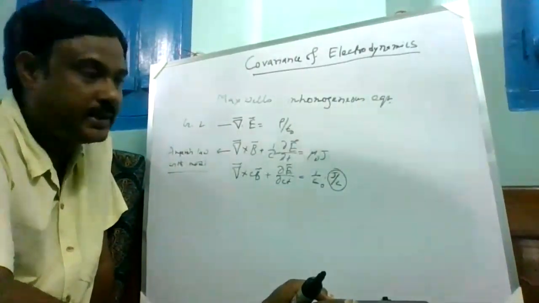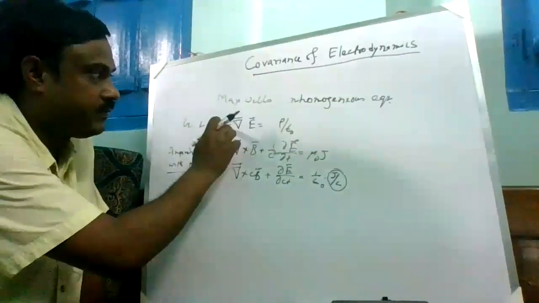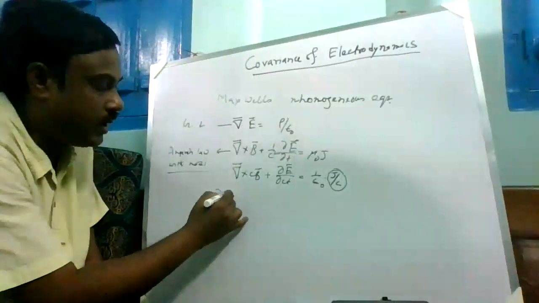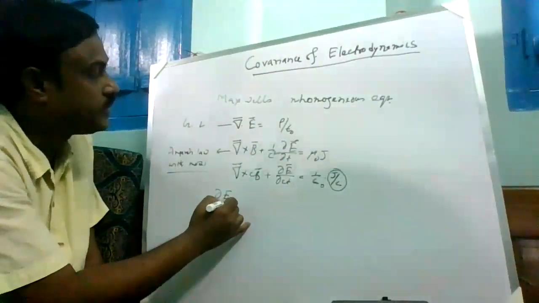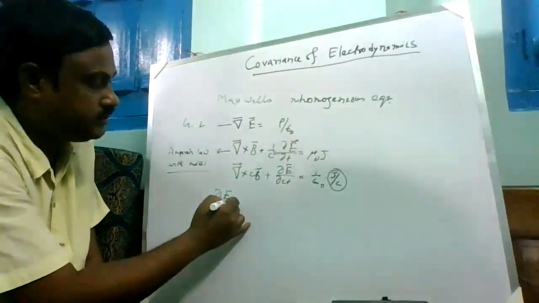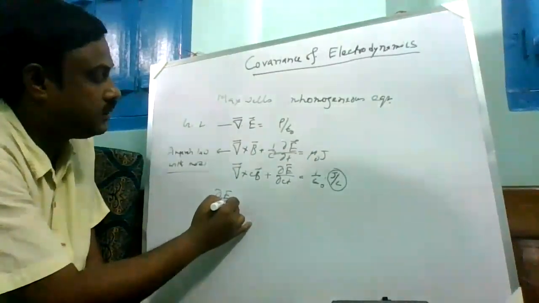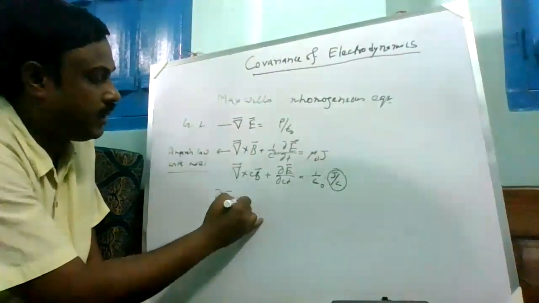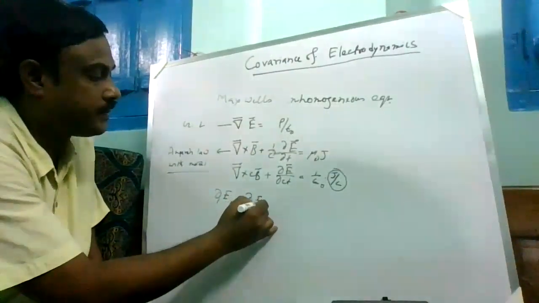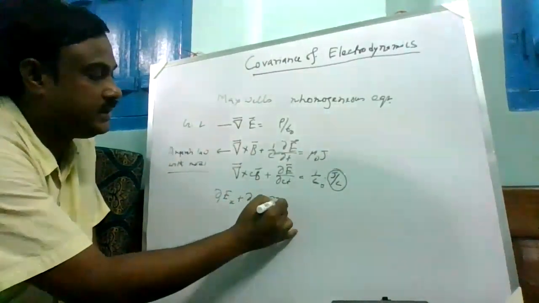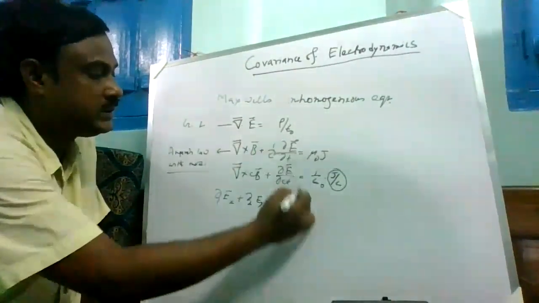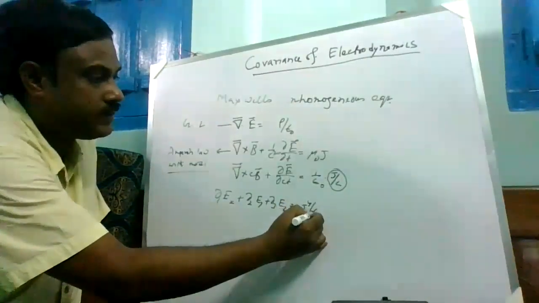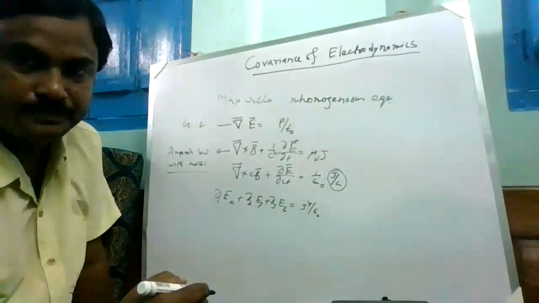So the left hand side can be written, say for the first, as del 1 E x plus del 2 E y plus del 3 E z equals, if I express in current density, J4 by epsilon 0.